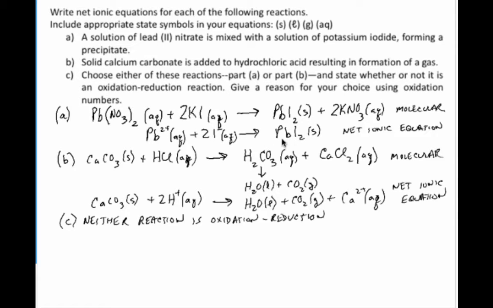There is no change in oxidation state in the first reaction. Calcium is in the 2+ oxidation state on the left. It is in the 2+ oxidation state on the right. Carbonate. Carbon is not changing oxidation state. Oxygen is not changing oxidation state. Hydrogen is not changing oxidation state. All of them are remaining the same charges.